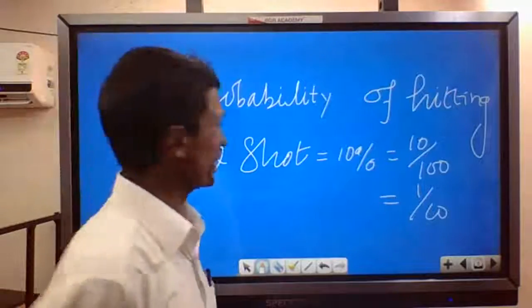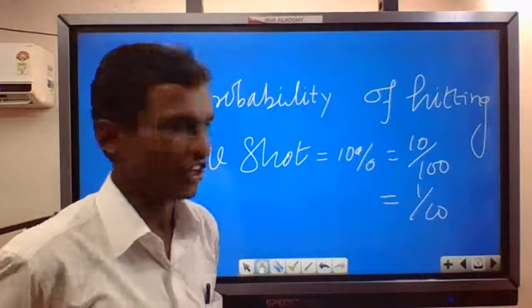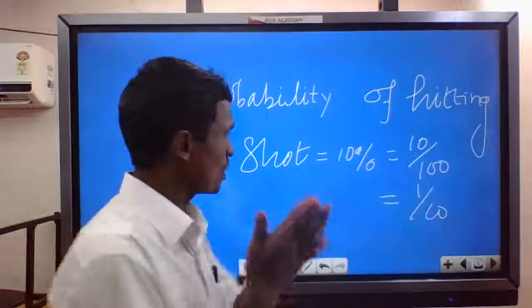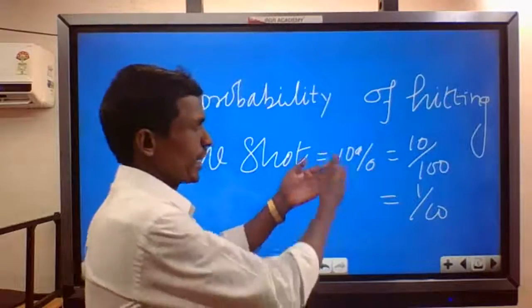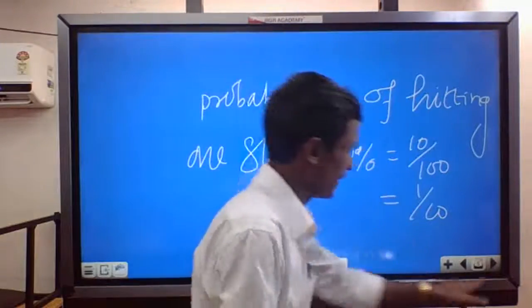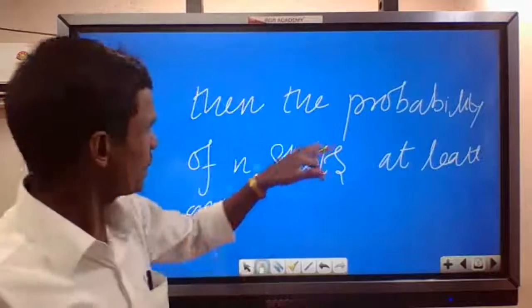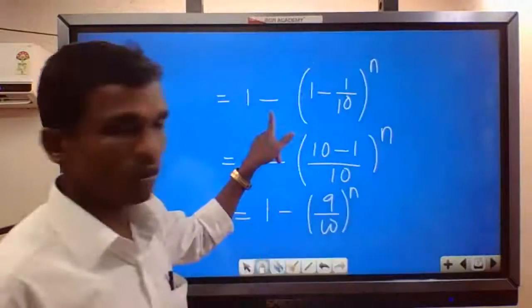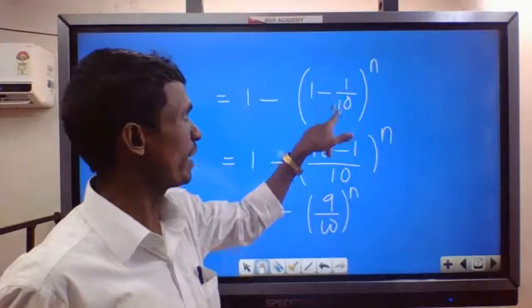The probability of hitting in one shot is equal to 10%, equal to 10 divided by 100, then 1 divided by 10. Then the probability of n shots, at least once, is 1 minus (1 minus 1 by 10) whole power n.